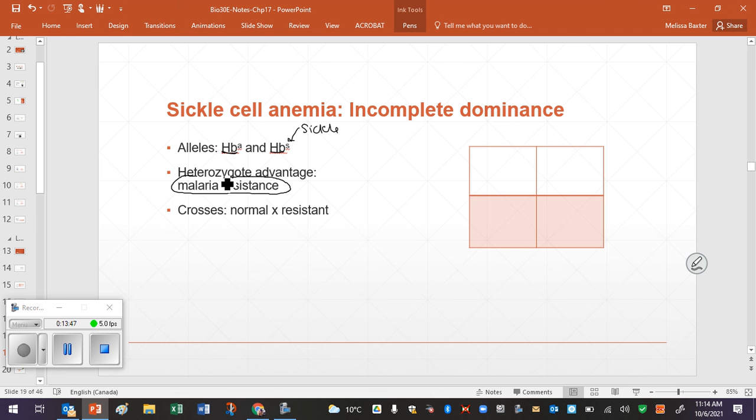Not only do they not really have sickle cell anemia, but they're also more resistant to malaria than people who are homozygous either way with this trait. So, in this question, we have 3 possibilities. We have a person who is normal, who is malaria resistant, or who has sickle cell anemia. Those are our 3 phenotypes in this scenario.